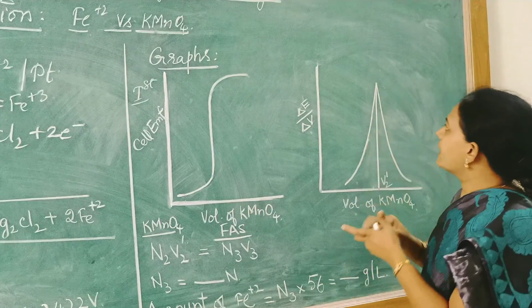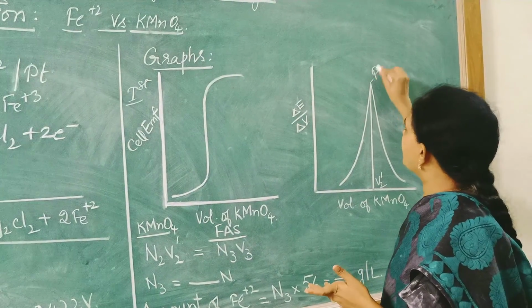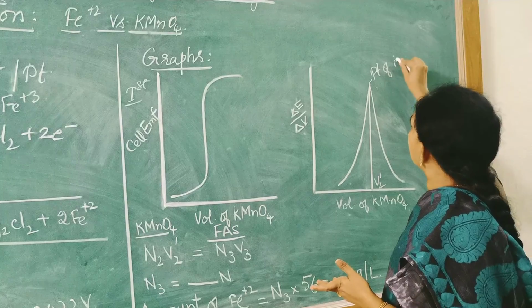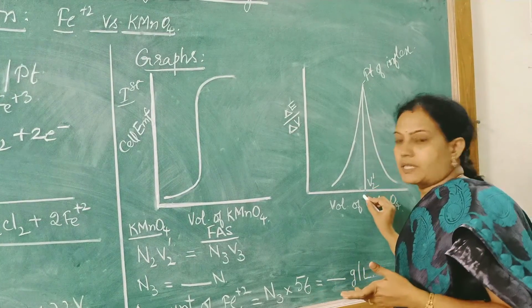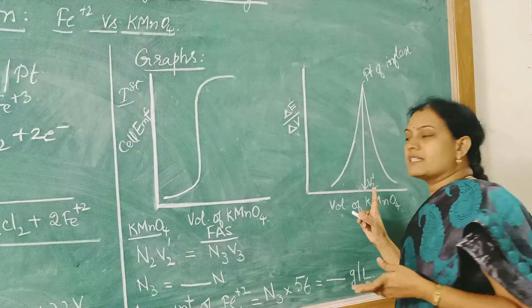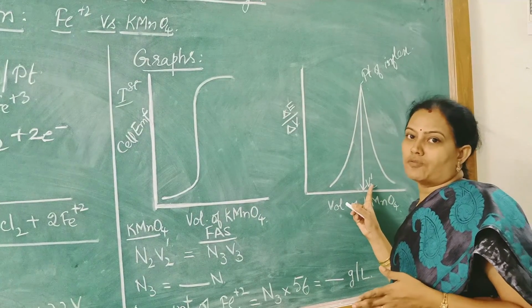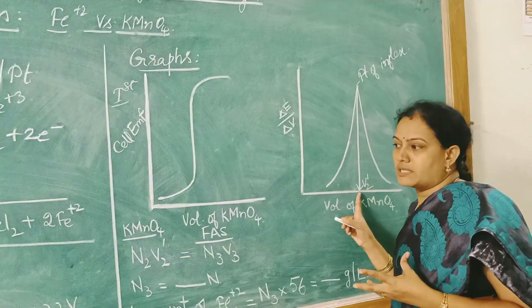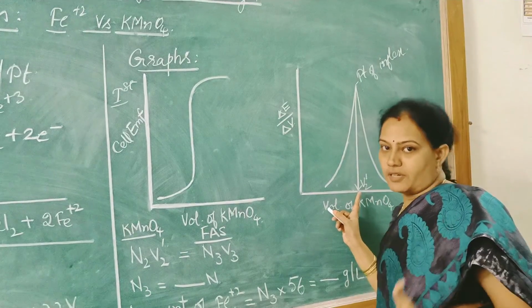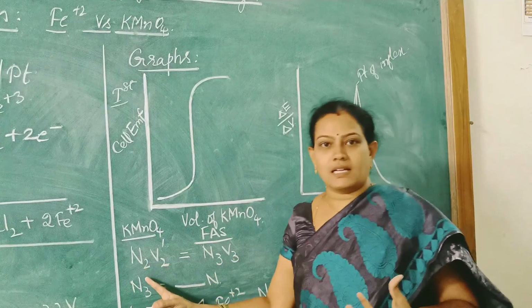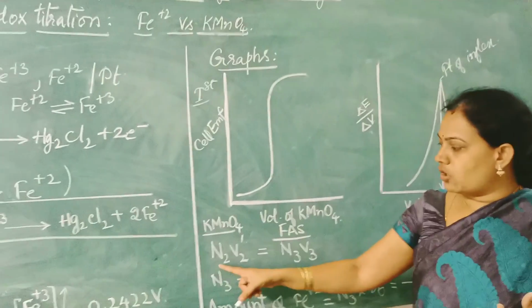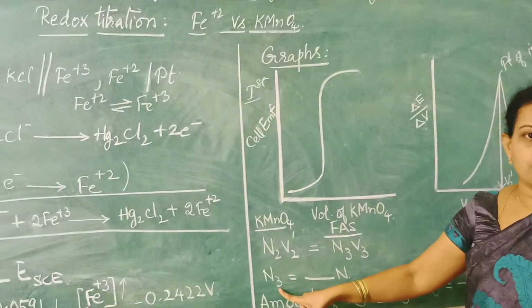We are going to again get the point of inflection over here, and when we drop a perpendicular line from the point of inflection onto the x-axis, it reads out the volume of KMnO4 that has exactly oxidized the 20 ml of ferrous solution. Then we follow up with the calculation of the normality of the ferrous solution given.